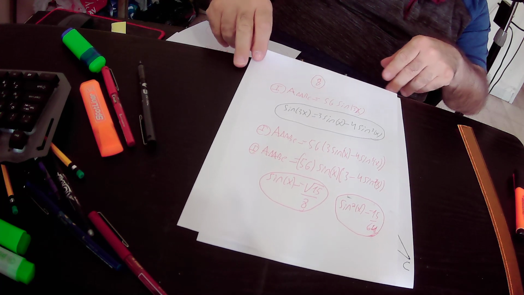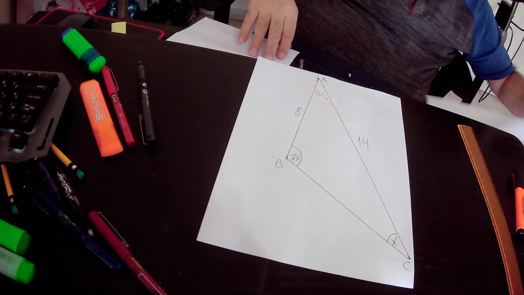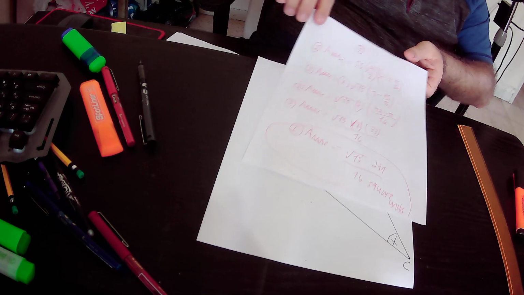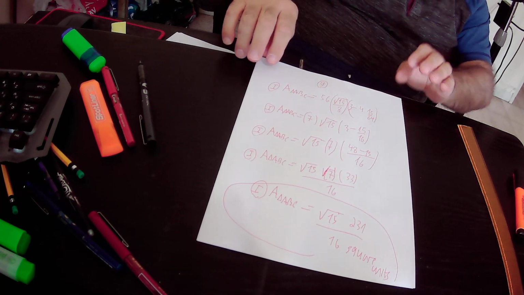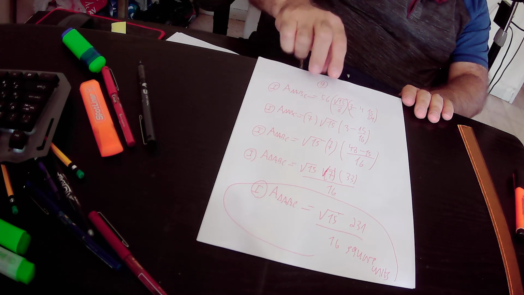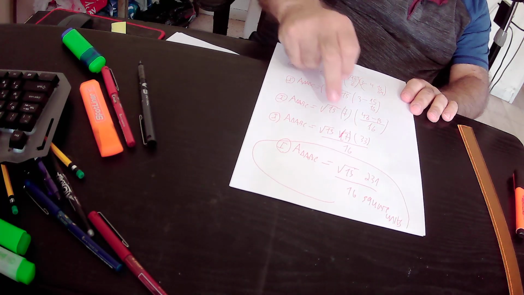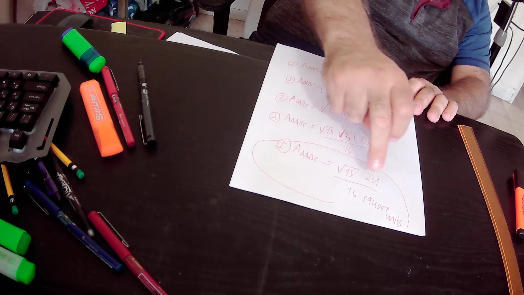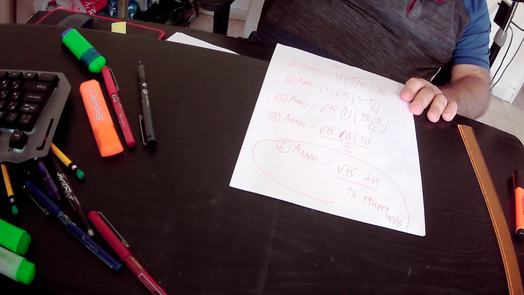Then we solve this equation, and we found that the area of triangle ABC equals root 15 times 231 over 16 square units, exactly as we found in our first way.